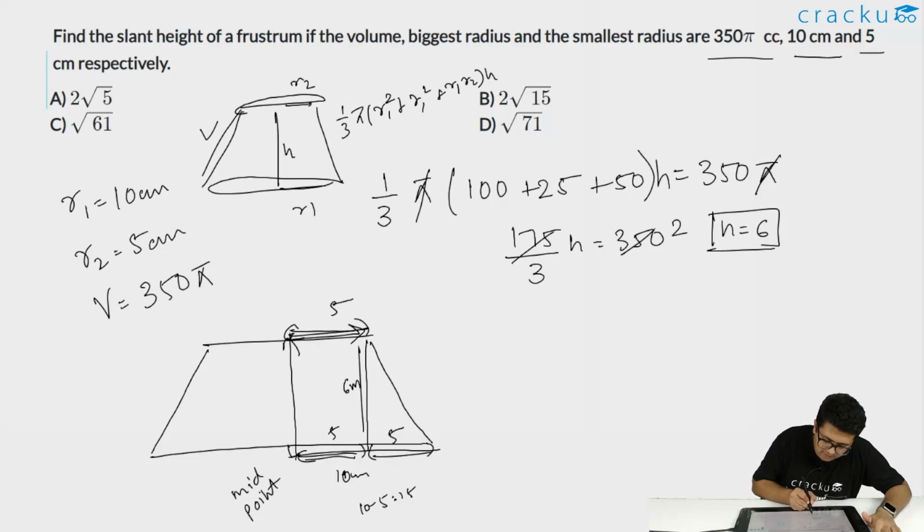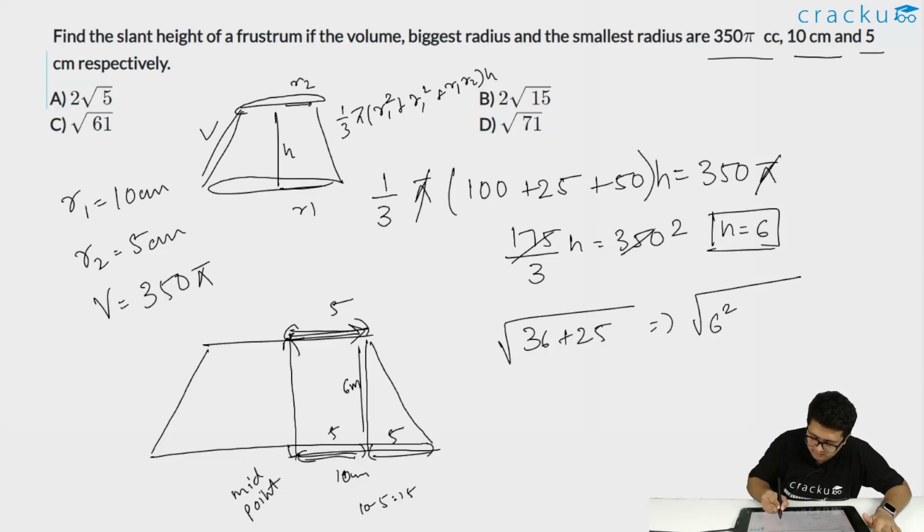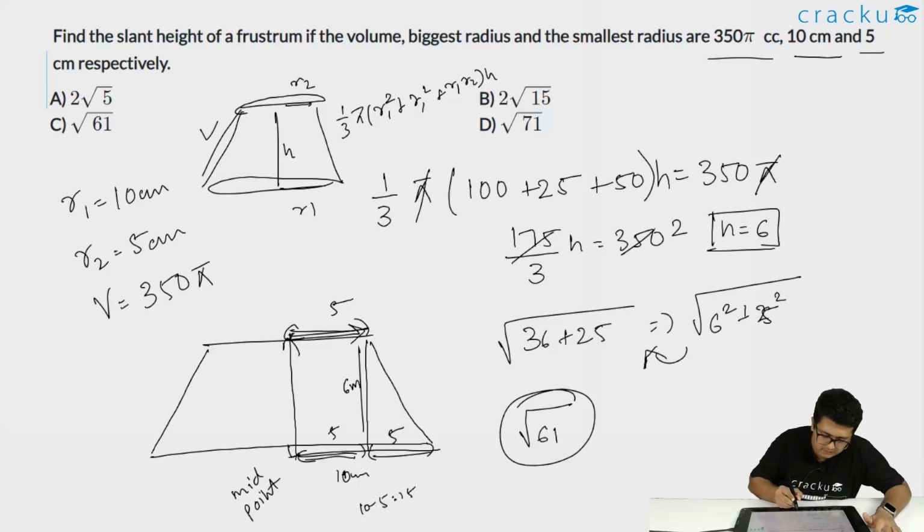And the height is 6, which we found out here. So using Pythagoras theorem, we can find the hypotenuse, which is 6 square plus 5 square, so 36 plus 25, and this will be root 61.